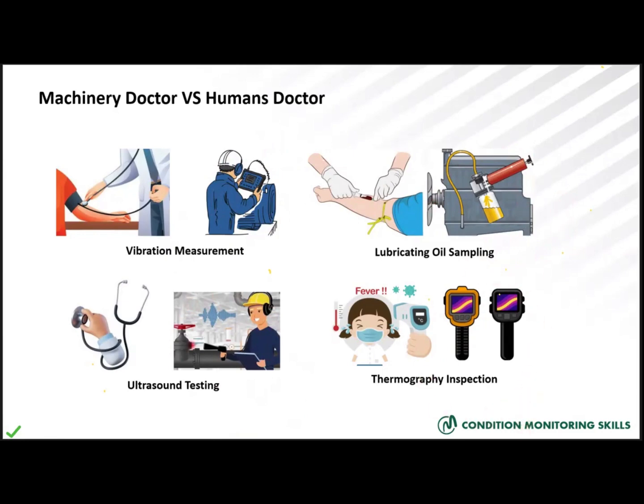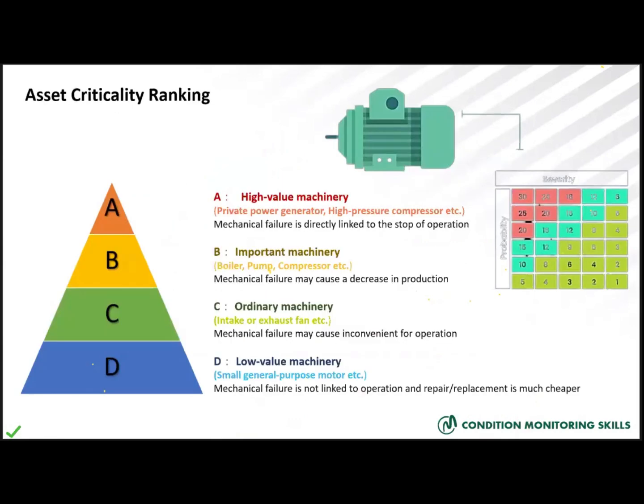Okay. So there is one last question before we discuss the condition monitoring techniques in detail. Should all the equipment in any industry and in any site be covered with all the condition monitoring techniques? No. Since not all machines should be included in a condition monitoring program, the asset criticality analysis, this ranking, helps to decide the best condition monitoring techniques for different types of equipment.